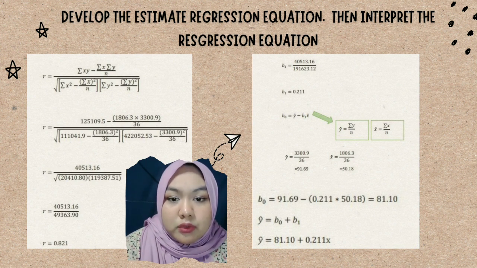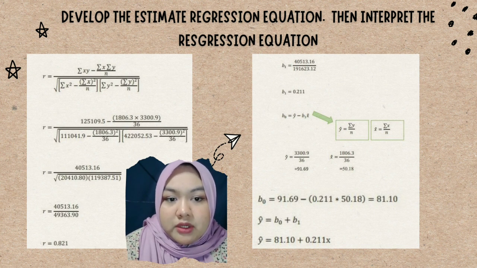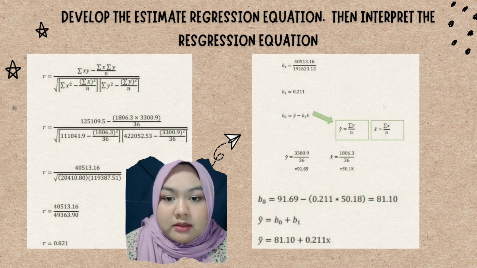That means y-bar equals 91.69. Next, to find b0 and b1, b0 equals y-bar minus b1 x-bar. The regression equation is y equals b0 plus b1x. That means y equals 81.10 plus 0.211x.